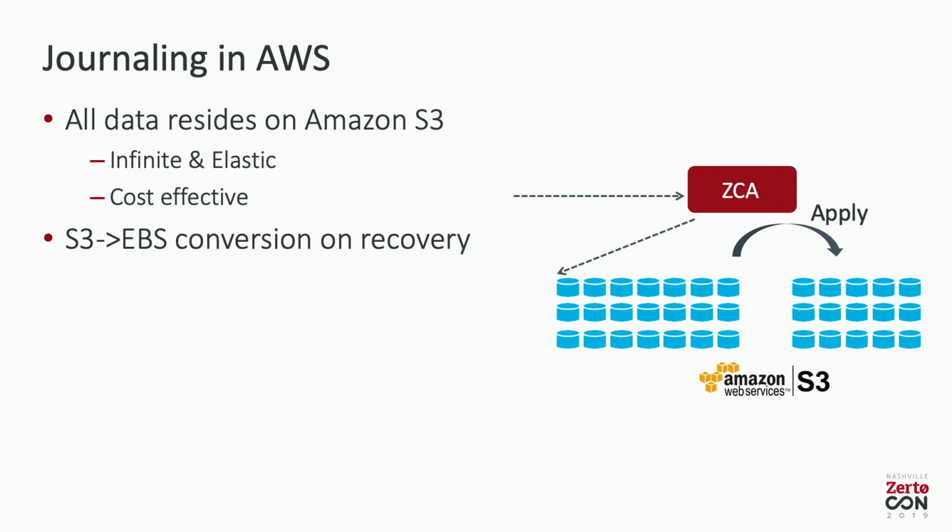That's why in AWS you would see the apply not occurring continuously. You asked me if this happens continuously. In VMware, yes. In Azure, yes. In AWS, no. Why? Because we want to aggregate a lot of IOs and make as few changes to those recovery objects as possible. We don't want to replace them too often, because you can only replace them whole in S3.